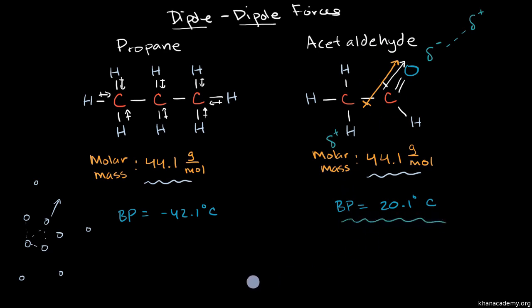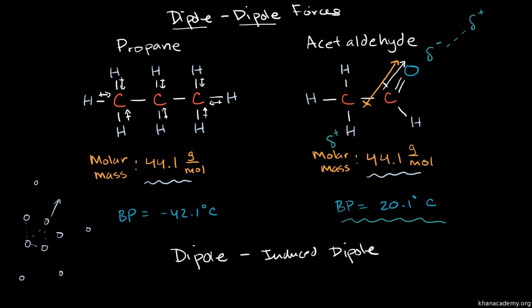Now, some of you might be wondering, hey, can a permanent dipole induce a dipole in a neighboring molecule and then those get attracted to each other? And the simple answer is yes, it makes a lot of sense. You can absolutely have a dipole and then induced dipole interaction.